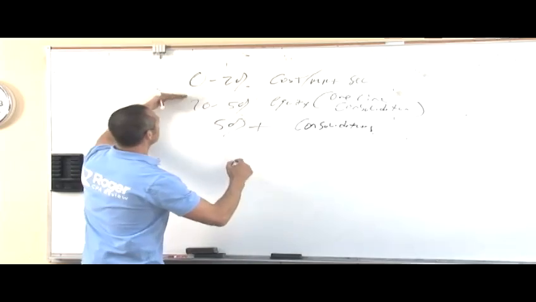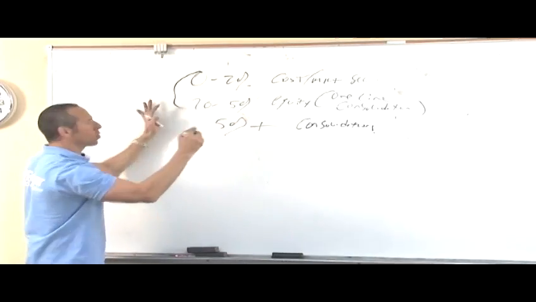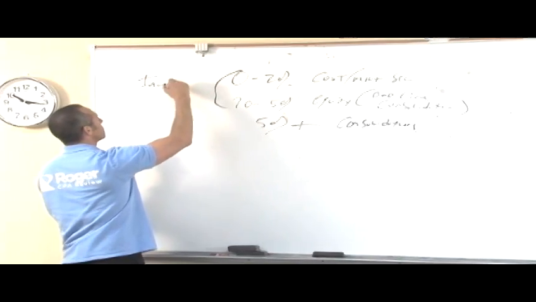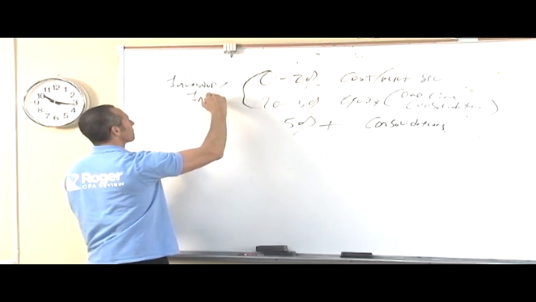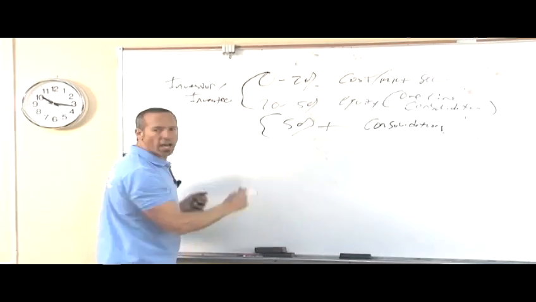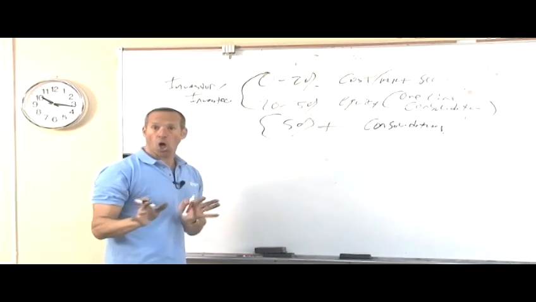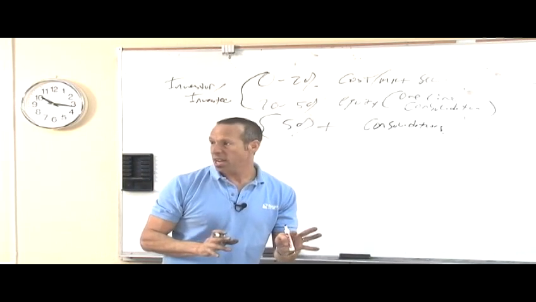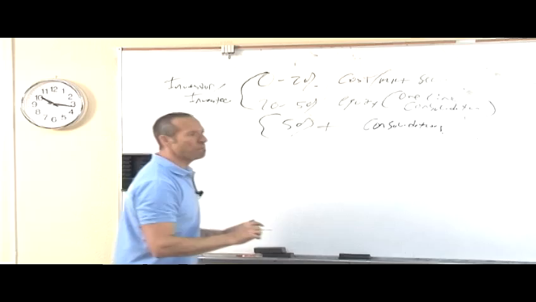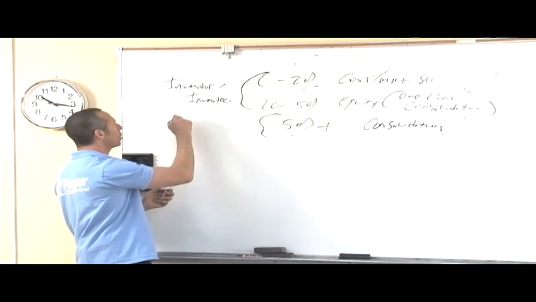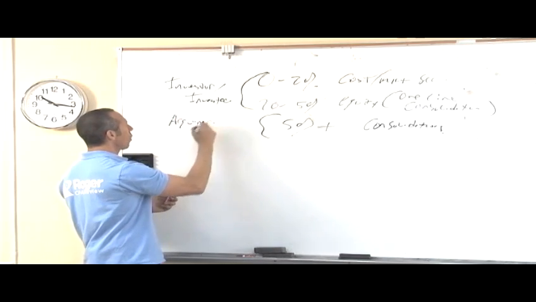So if it's 0 to 20, 20 to 50, the two people are called investor and investee. If it's 50% or more, they used to be called parent and subsidiary. Then FASB 141 said instead of parent and subsidiary, we'll call it acquirer and acquiree.